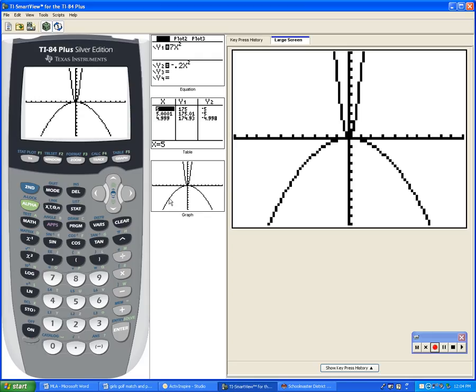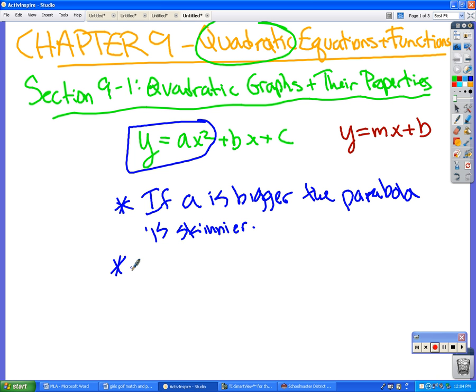Okay? And that, Cheyenne, is easy to remember because, right, if A is positive, then that means you're positive, you're happy, you're smiling, right?